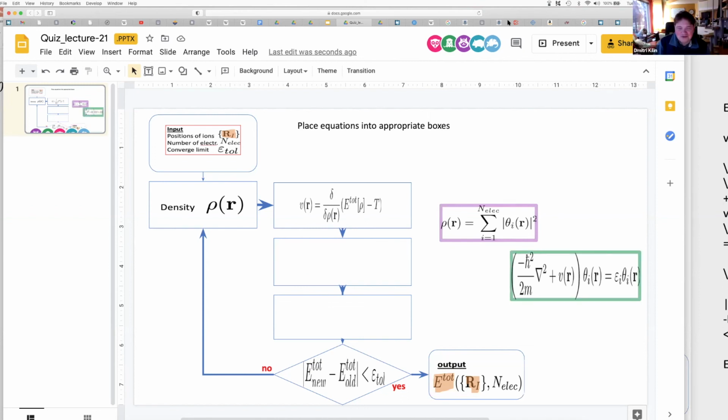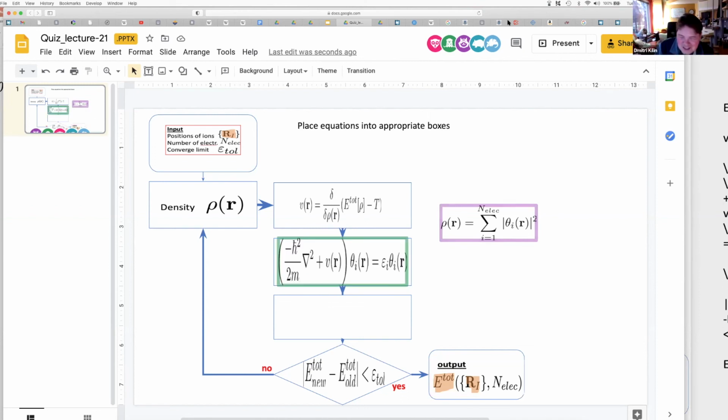So what goes first? Orbitals or density? Okay, orbitals go first. Hello, can you hear me? Yes. Yeah, sorry. So you placed the equation in the middle. Okay.